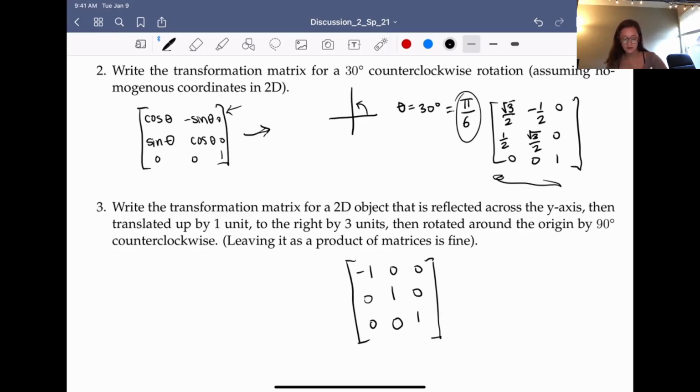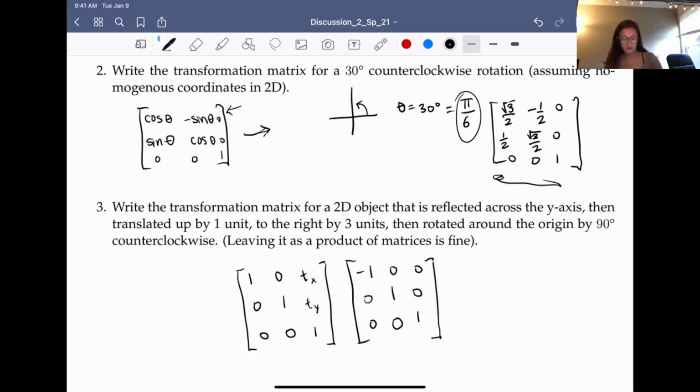Okay, then the next thing we need to do is translate our object up by 1 unit and to the right by 3 units. So, also seen in lecture, all of our transforms for translations will just be in this last column here, tx and ty, and then everything else will stay the same.